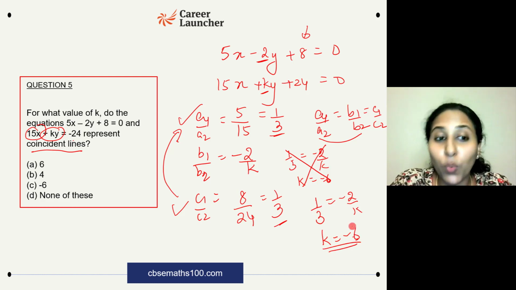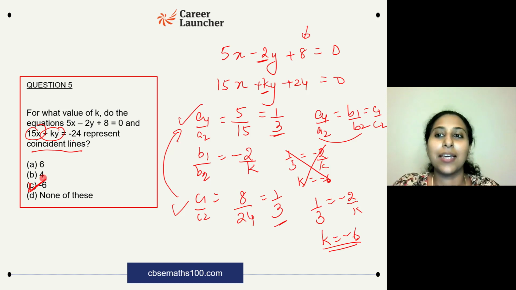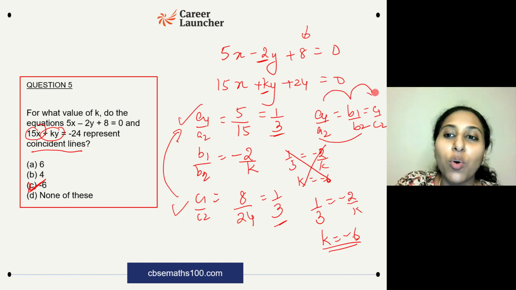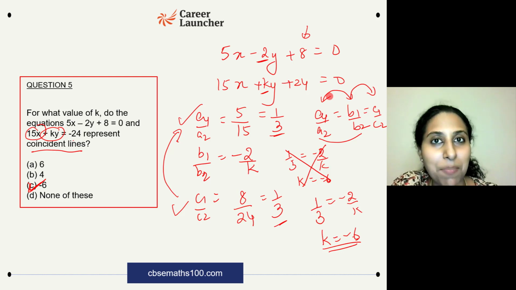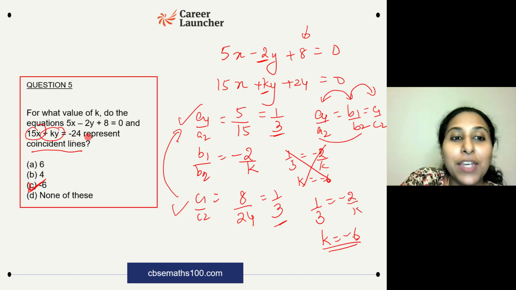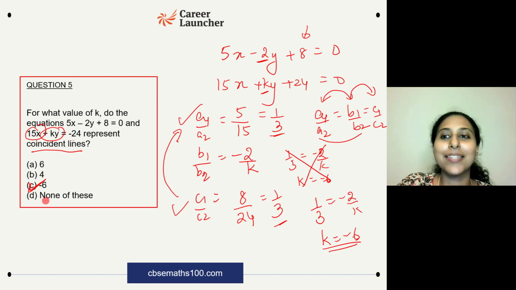So I repeat, ensure that you are verifying that all three ratios are the same. If all three ratios are not the same and they ask which value of k represents coincident lines, you should say the answer is none of these, because there would be no value of k for which it would be coincident lines, since the ratios are not becoming equal.